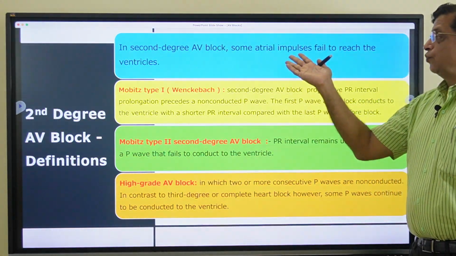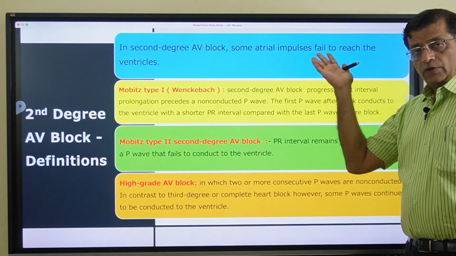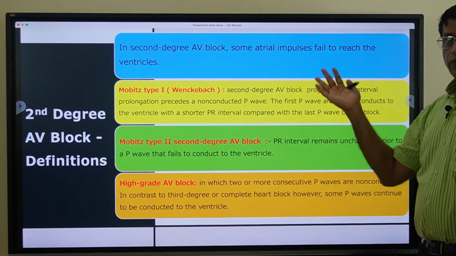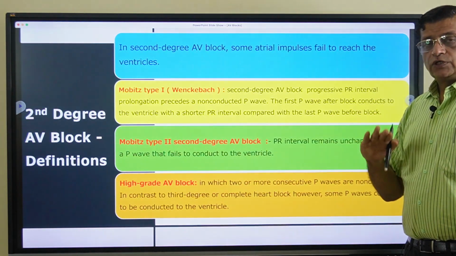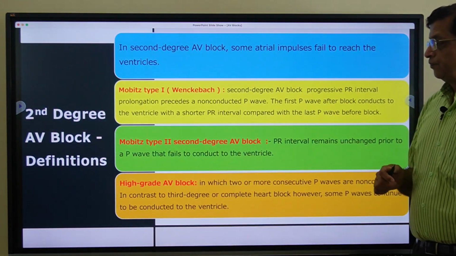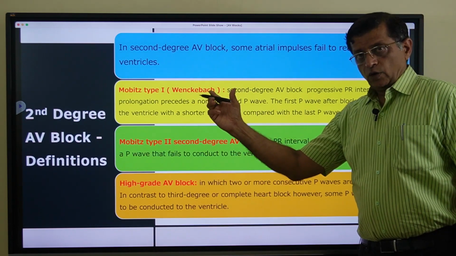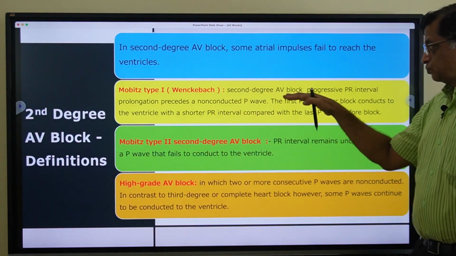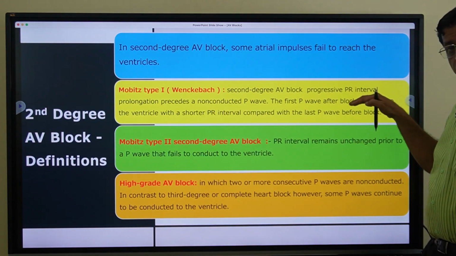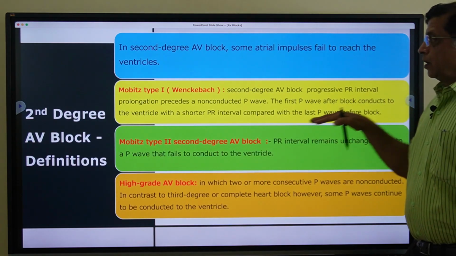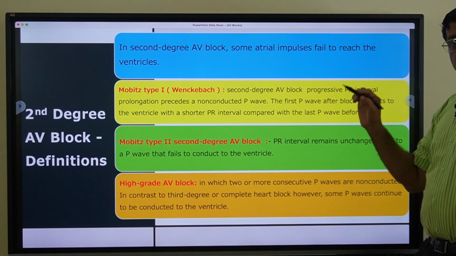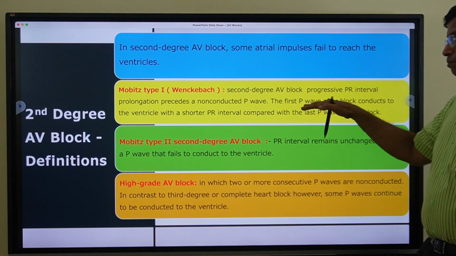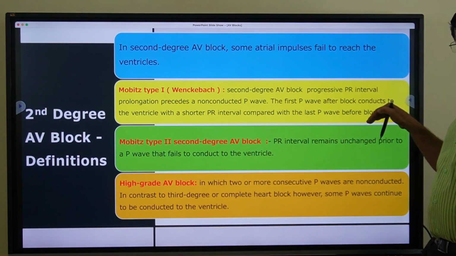As we all know, when some of the atrial impulses are not conducted to the ventricle, then that becomes a second degree AV block. That is, the P wave is not followed by the QRS complex. In Mobitz type 1 or Wenckebach block, there is progressive prolongation of the PR interval, and the PR interval goes on prolonging with each beat, and finally there is a P wave which is not conducted to the ventricles.